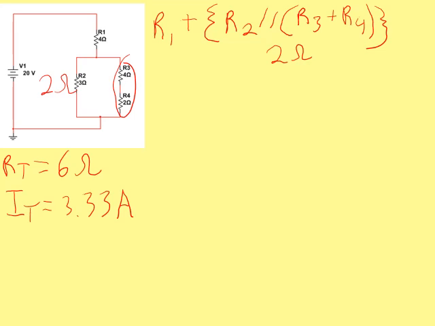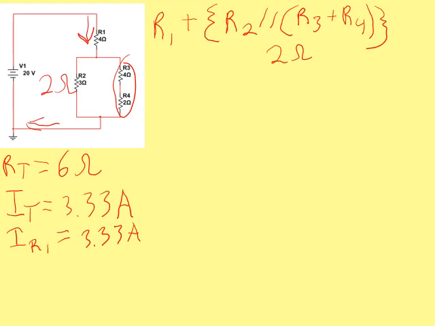And then from there, we know that IR1, the total current, has to go through resistor 1, because the total current has to get back to the voltage source, and there's only one path to get to that parallel network. So our IR1 equals 3.33 amps.